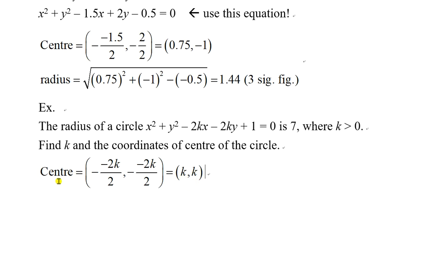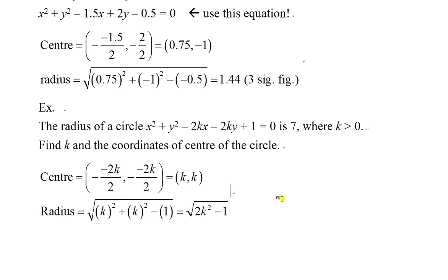And then you can write down the radius in terms of k. It is x coordinate center bracket square plus y coordinate center bracket square minus the constant 1 here. Then there is square root 2k square minus 1. You find the radius by using the formula.